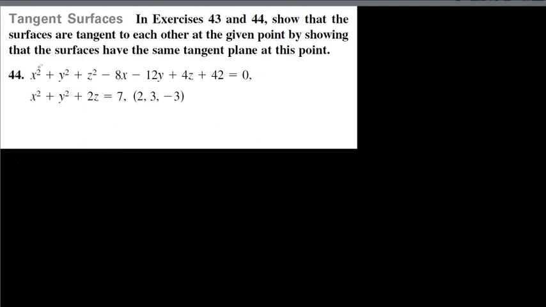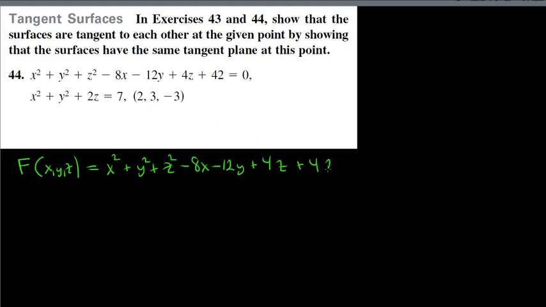So let's suppose the first surface, we'll just call that capital F, is defined by the equation x squared plus y squared plus z squared minus 8x minus 12y plus 4z plus 42 equals 0.